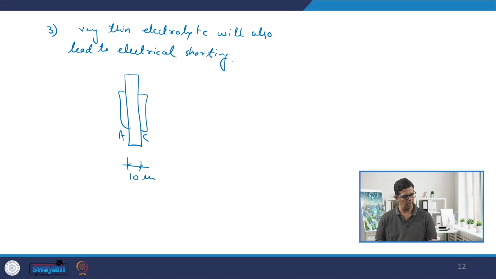So, we have a higher probability of electrical shorting between these two electrodes, and if such a phenomenon happens, we will not be able to get any electrons in the external circuit, and the very purpose of having a fuel cell in the picture will not be served. That is why thin electrolytes are typically not preferred, or they are avoided, primarily because of these 4 reasons.